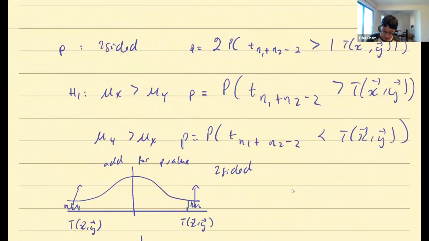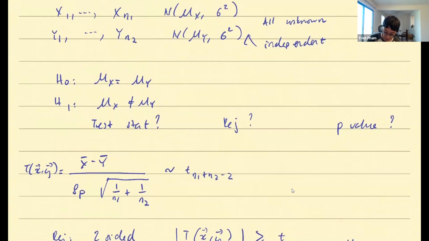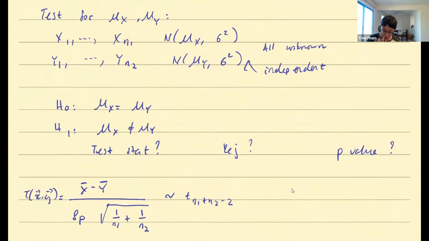In other words, same setup, except that I don't want to test that the two population means are exactly equal. For example, if I compare the height of boys and girls, boys tend to be taller than girls. Why would I say they're equal?